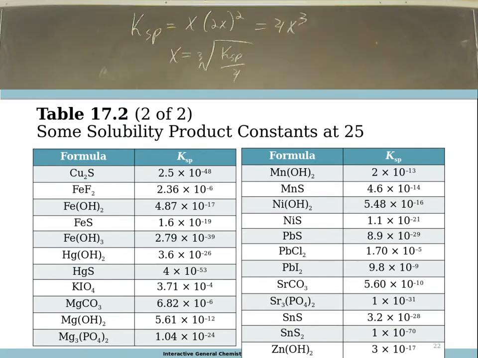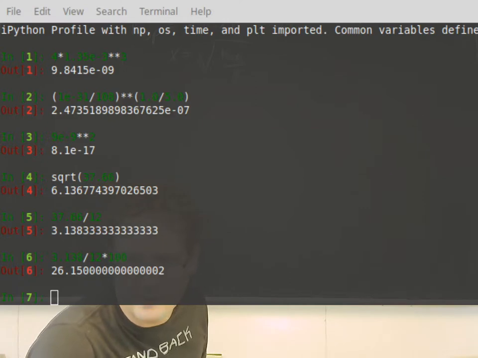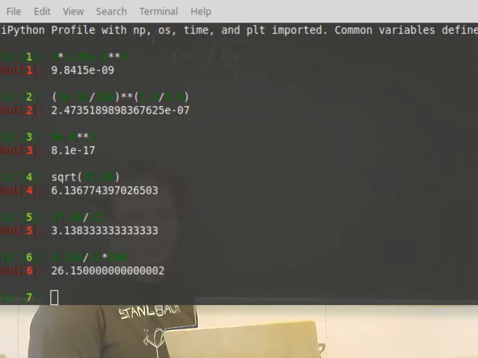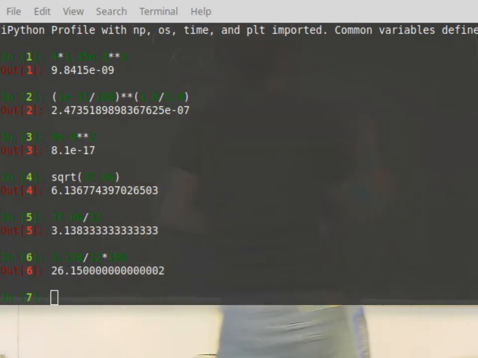So we're going to have to approach this problem by taking the cube root of KSP divided by 4. And what was that value of KSP? 3.6 times 10 to the negative 26.